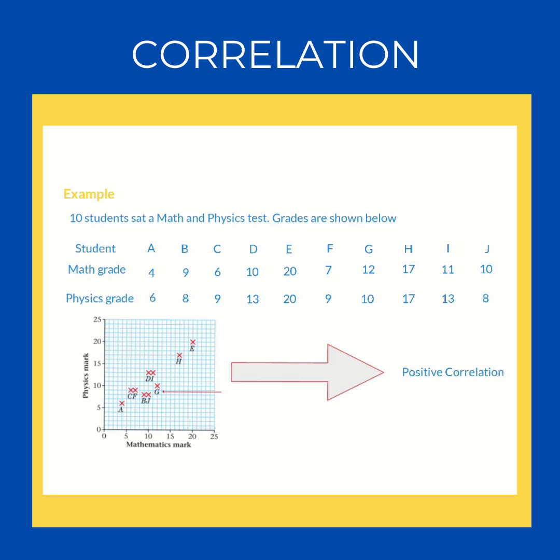As the math grades are increasing, the physics grades are increasing as well. So this means that the math grades and the physics grades are positively correlated. So there is a positive correlation between the math grades and the physics grades.